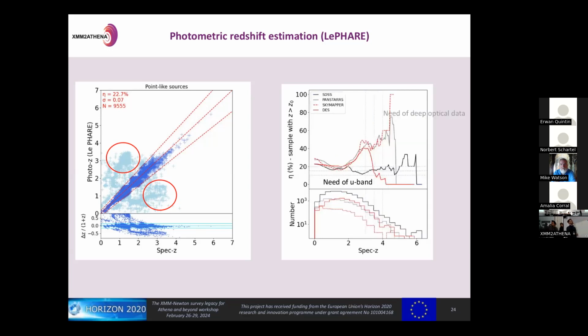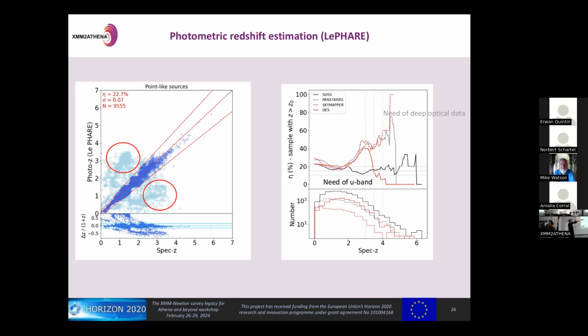So here is the same plot as before. You have this red line here, which is actually the results from this work. And here I wanted to show this plot. These dashed lines going up are the results from SDSS and Pan-STARRS.